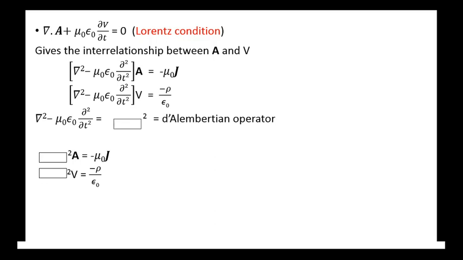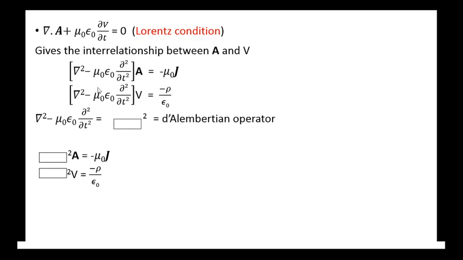So imposing that condition, Lorenz condition, we had written the equation as such, isn't it? So this bracket, del square minus mu 0 epsilon 0 dou square by dou t square, is an operator, and this operator is known as D'Alembert operator. See, this operator can be written in the form of a rectangular box.